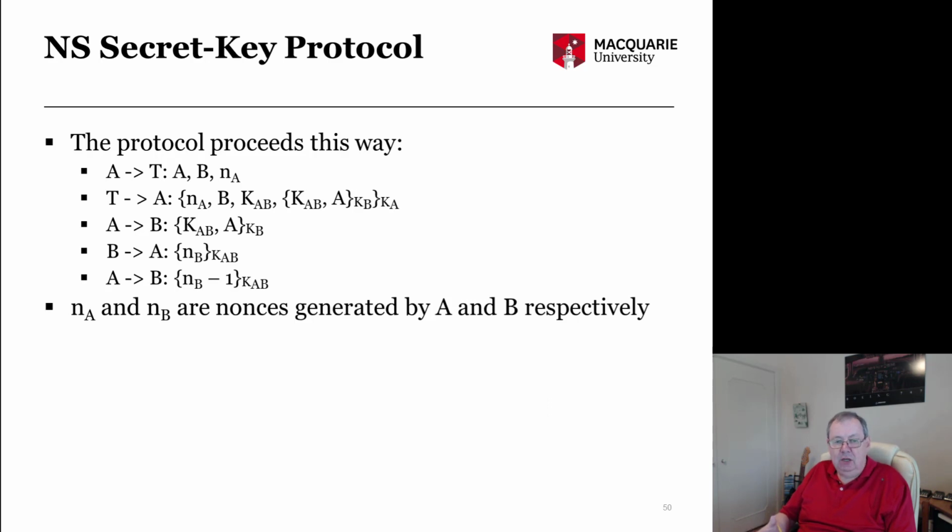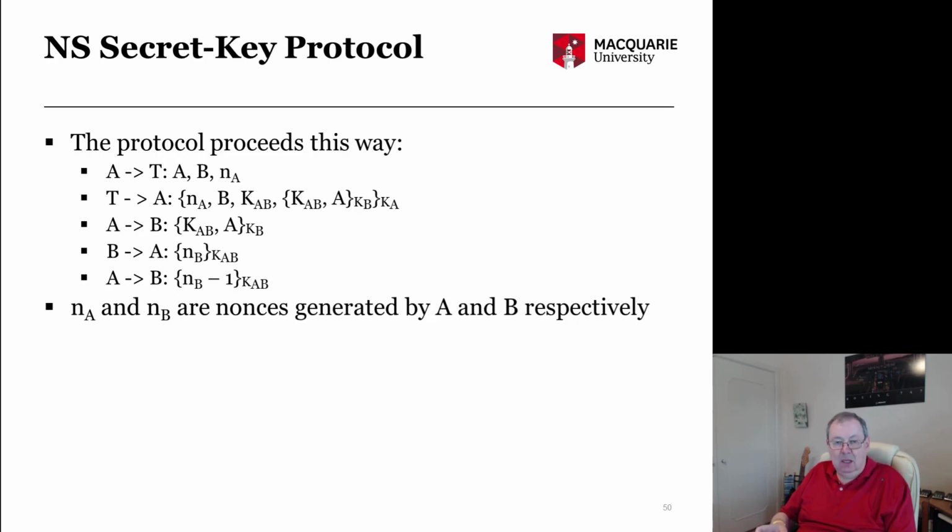And so he generates a message. Now, the message is multi-part. First of all, there's going to be the session key, which will be used to communicate between Alice and Bob. That's KAB. And he takes a copy of that session key, and he takes Alice's name, A, puts those two together, and encrypts it with Bob's key, KB.